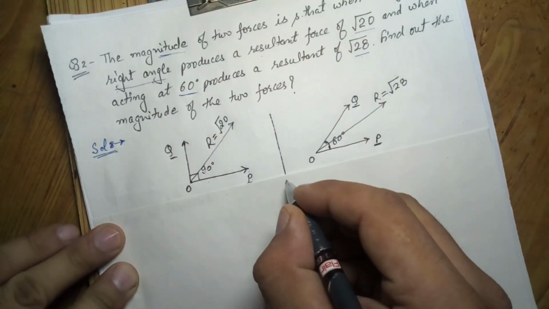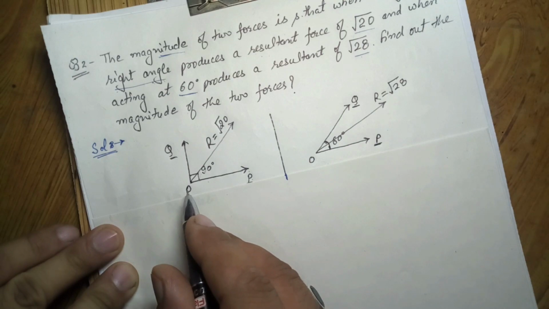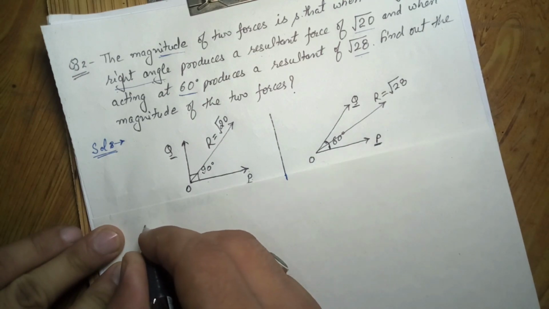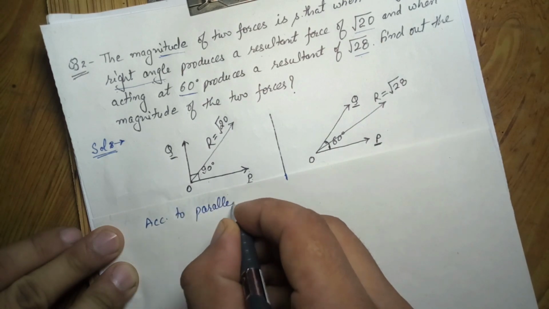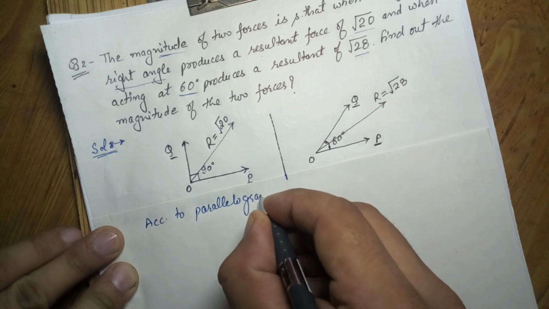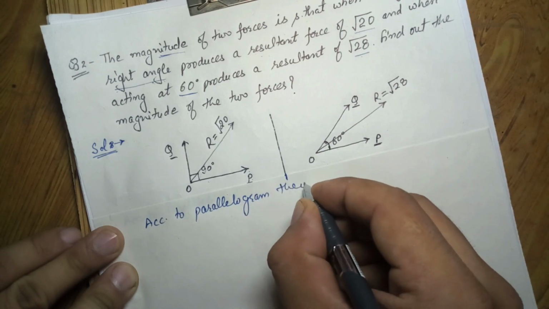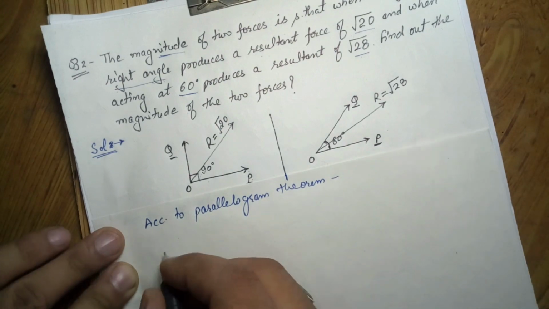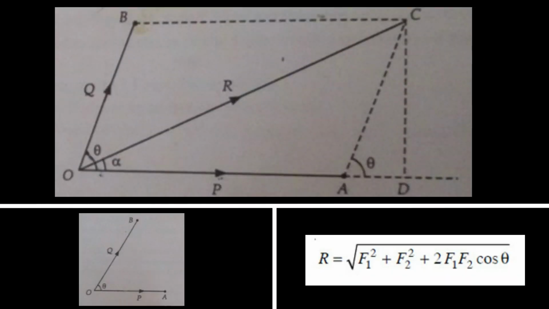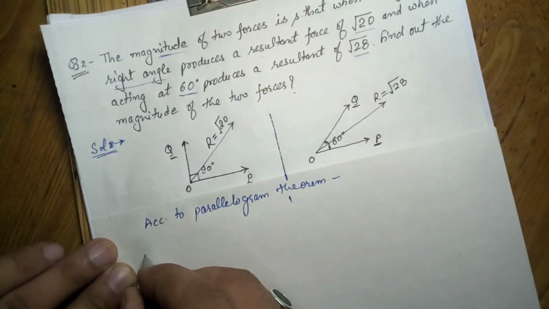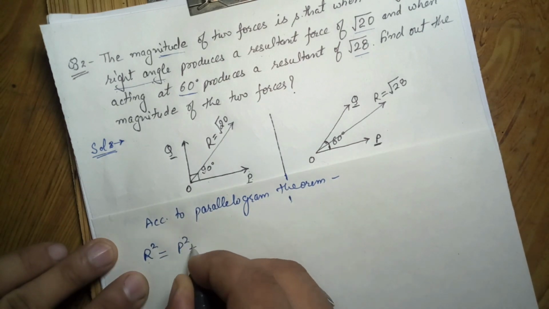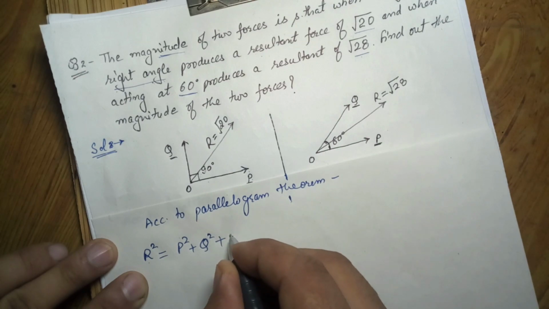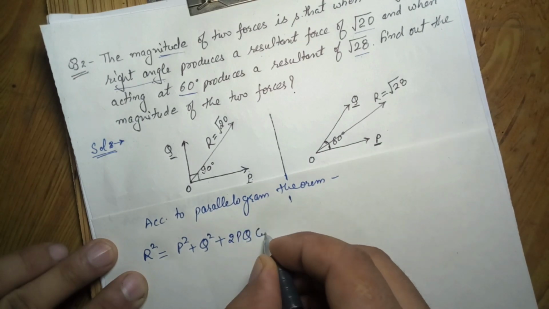Now as per the first case we write the equation. According to the parallelogram theorem, we know that for this case the resultant R square is equal to P square plus Q square plus 2PQ cos theta.